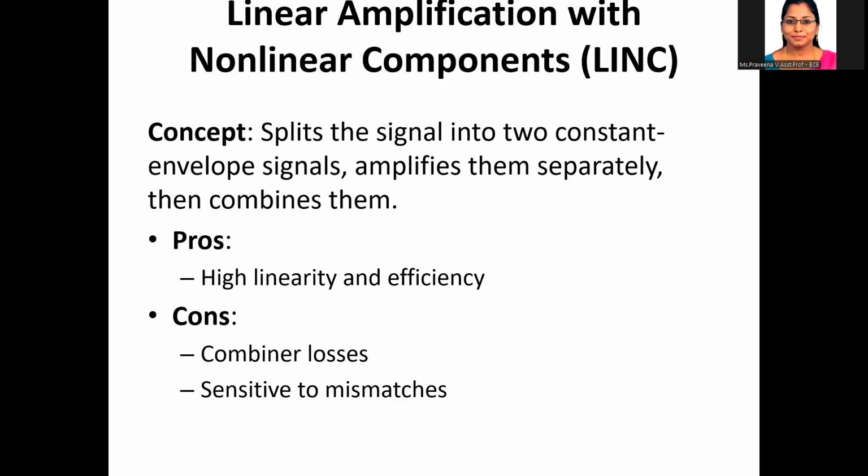Here, the input signal is separated into two constant envelope signals, and they will be amplified independently. We are getting two signals using an efficient non-linear amplifier, and then we have to combine them to reconstruct the original signal. That is the concept here.